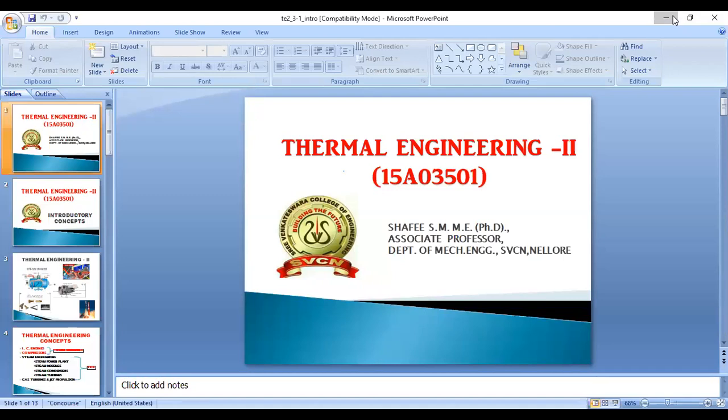Now, what is steam? Exactly how is steam produced? Then regarding the formulae and the properties of steam, we'll be discussing maybe after this particular lecture, after the break.